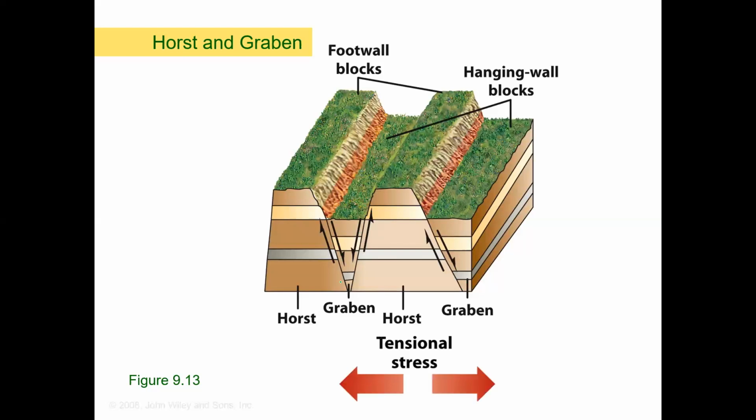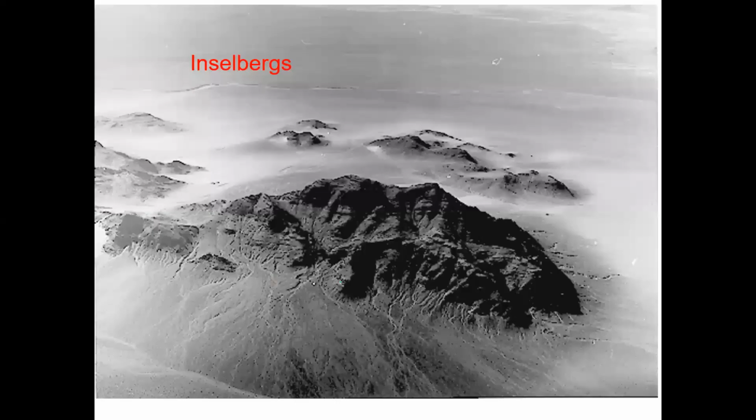Tensional stresses at work. And this is what it looks like. These mountains are weathering away, and they're actually burying themselves. Here's a little bit of weathering and erosion and mass wasting going on. So to get these little isolated mountains, they look like islands out here. In fact, that's what that word right there means.